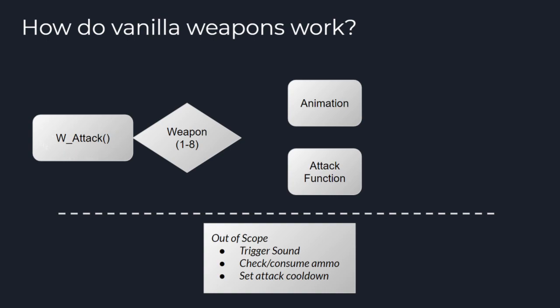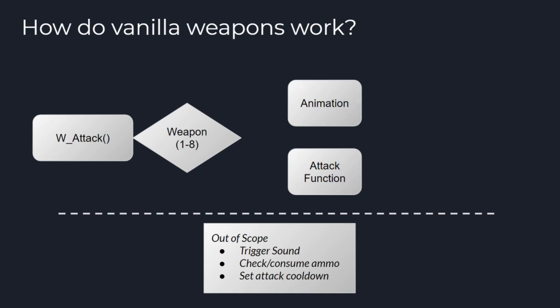This is sort of the source of all attacking code. And within that, it contains logic for what weapon you are using. So if your weapon is the axe, then it triggers the axe thing. The weapon is shotgun, and so on. So it contains this clause for what your weapon equals, and then it splits off from there based on what weapon you've chosen. Every weapon has to have certain things triggered.